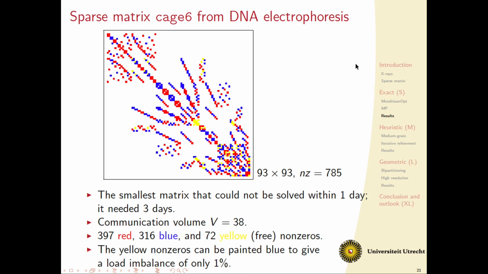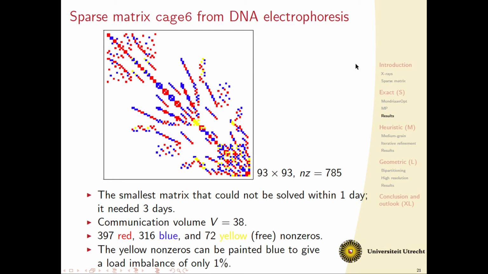Okay, so this is actually the smallest matrix that could not be solved within 24 hours. Coincidentally, it's one we produced in Utrecht ourselves. It's called Cage 6. It is a 93 by 93 matrix, so it's really small, and 785 non-zeros. And you see 3 colors. They are mainly for artistic reasons. So there's the red and the blue.